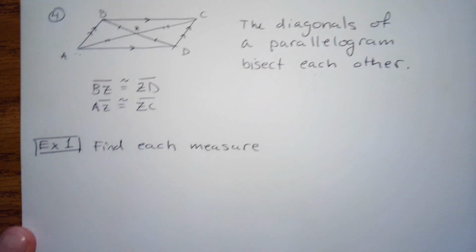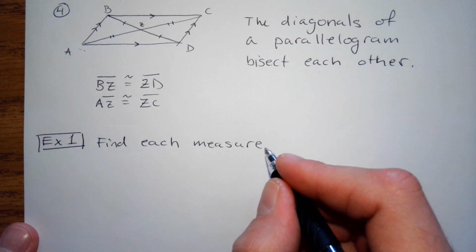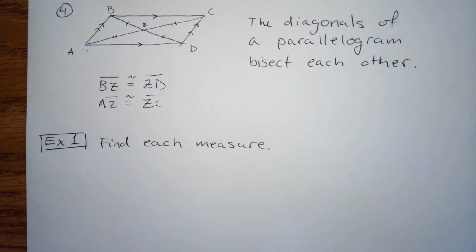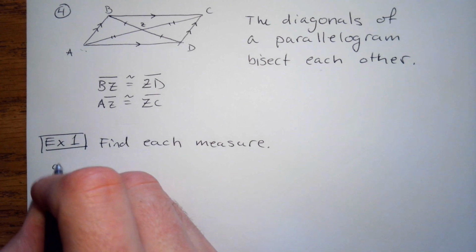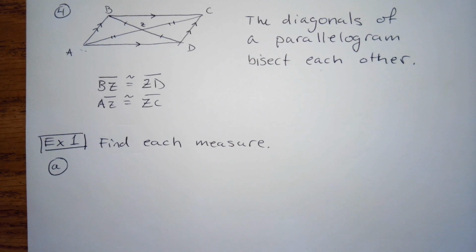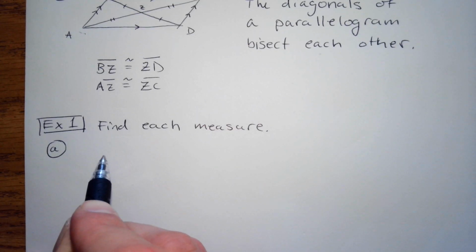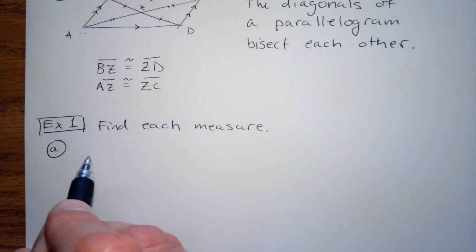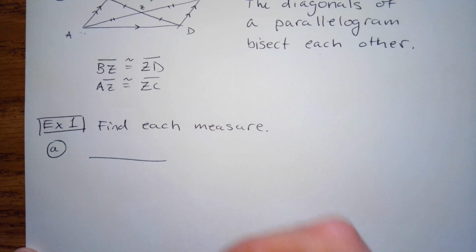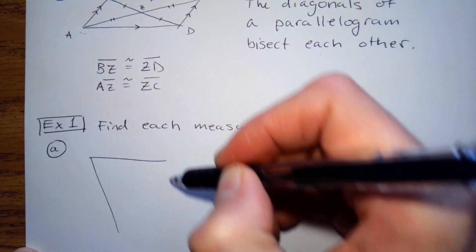So example 1, find each measure. Maybe we're looking at an angle, maybe we're looking at a side length. But I'm going to give you a picture. This is a parallelogram.